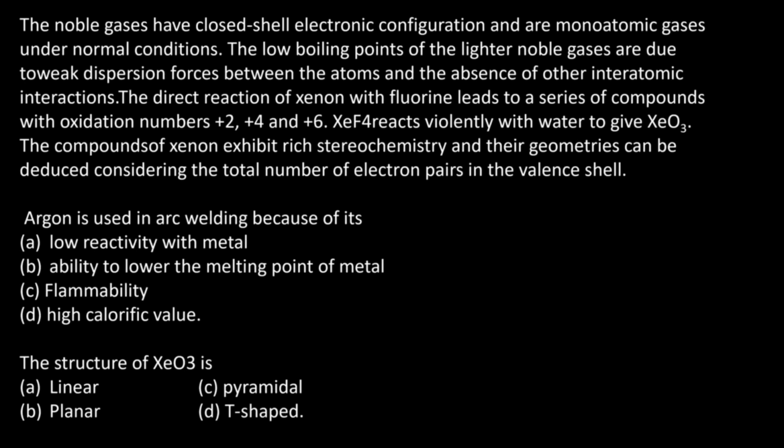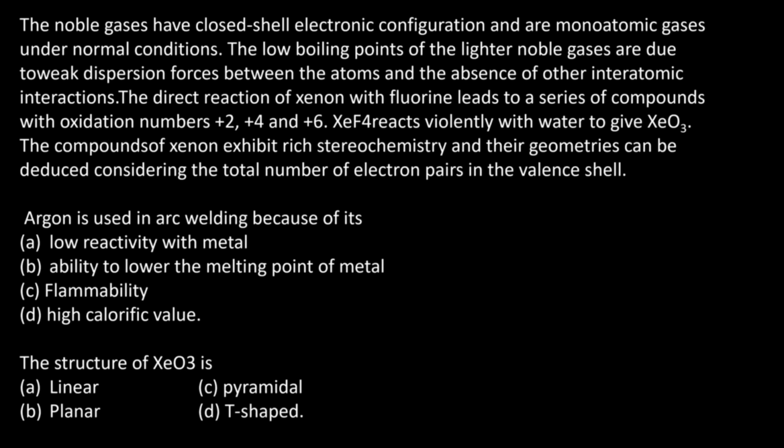Then the last question. The noble gases have closed shell electronic configuration and are monoatomic gases under normal conditions. The low boiling points of the lighter noble gases are due to weak dispersion forces between the atoms and the absence of other interatomic interactions. The direct reaction of xenon with fluorine leads to a series of compounds with oxidation numbers +2, +4 and +6. XeF4 reacts violently with water to give XeO3.